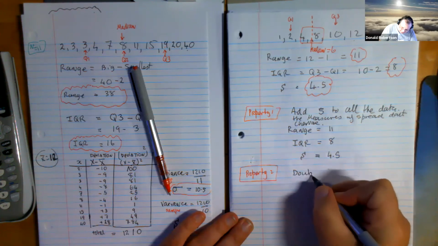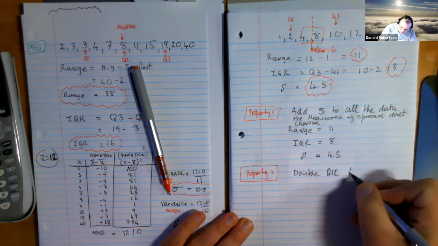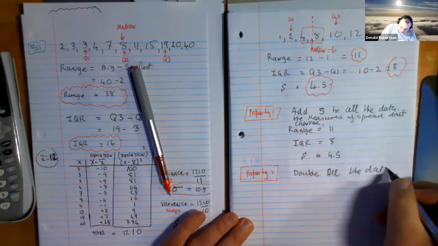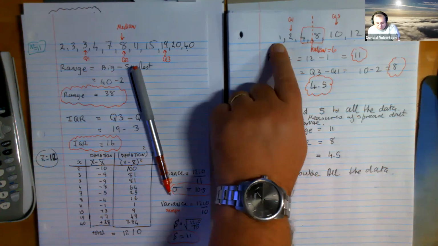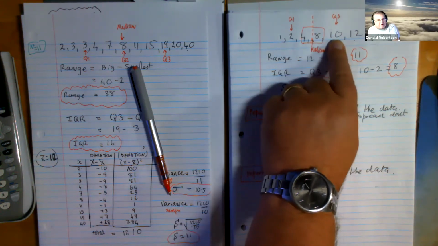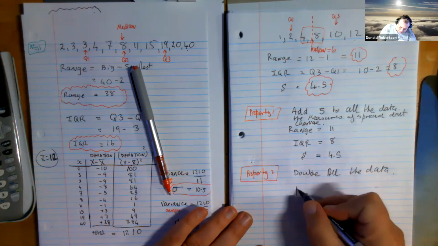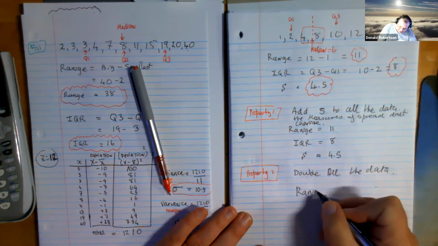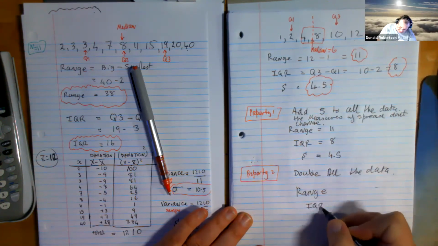Suppose you take all the data and you double all the data. So that'll become 2, and that'll become 16, and that'll be 20, and that'll be 24. What do you think the new values of these 3 guys are going to be now?